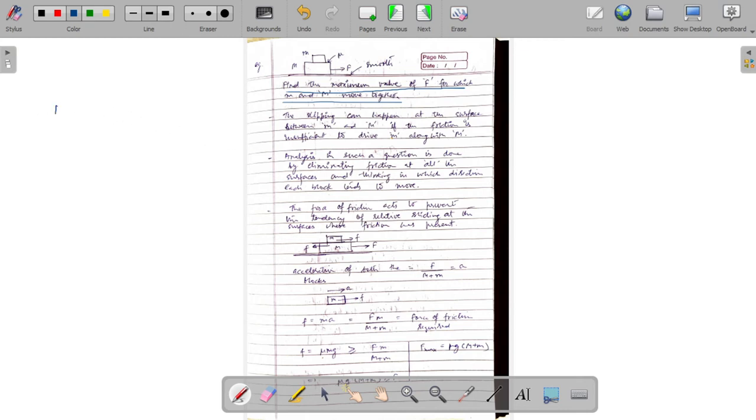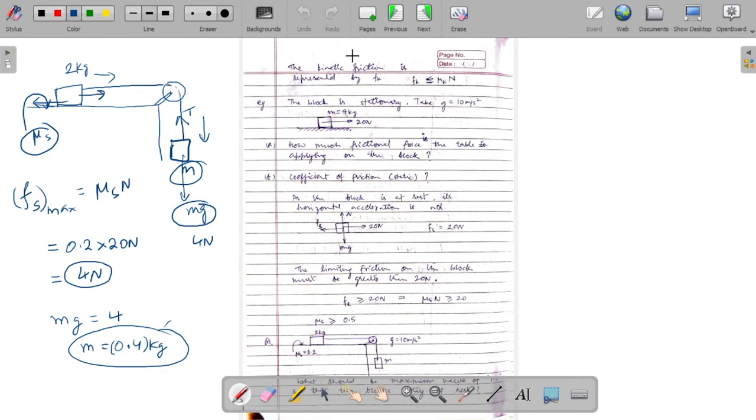These kinds of questions, we have to grind down a little bit to learn about them. If we take a recap of the previous questions, we usually first evaluate the maximum value of static friction acting at the surface, and then we worked around that value, asking what the maximum static friction should be more than. It has to be more than 20 newtons, so we did the question in that way.